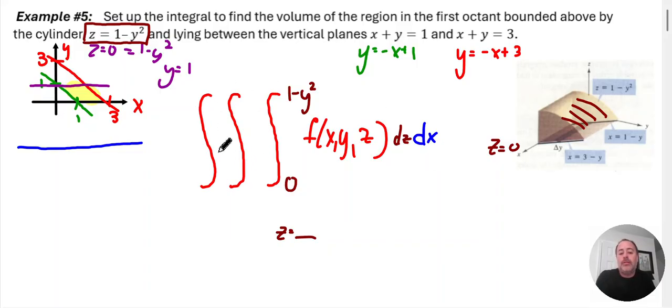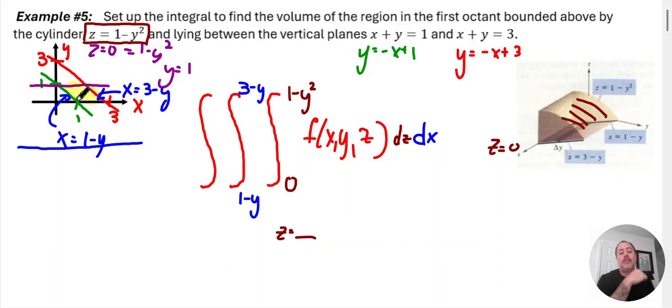So x is equal to 3 minus y, and that's going to be our right-hand curve. Remember that when we're doing right minus left, we always go right. The left-hand curve is x equals 1 minus y. Whenever we go in terms of x equals, it's always right minus left.